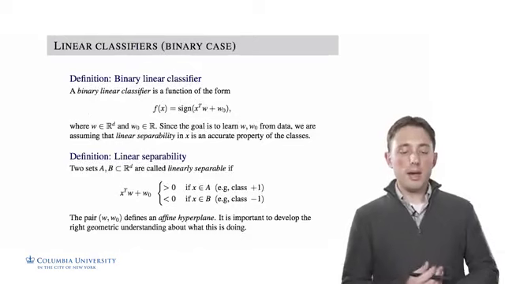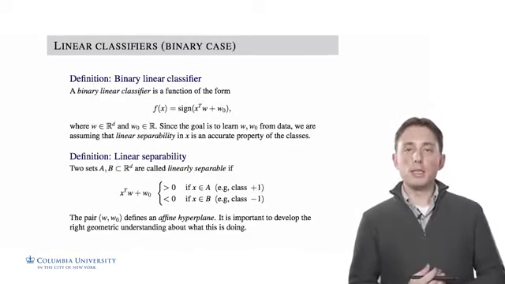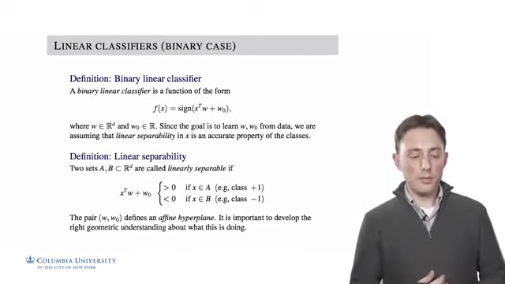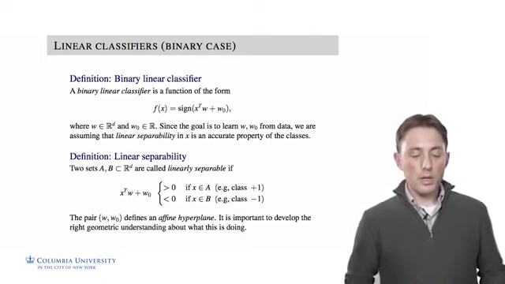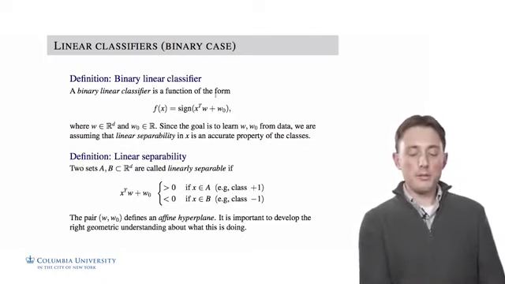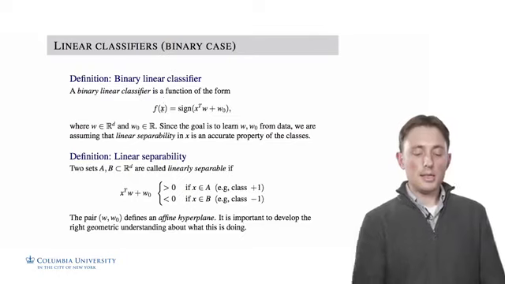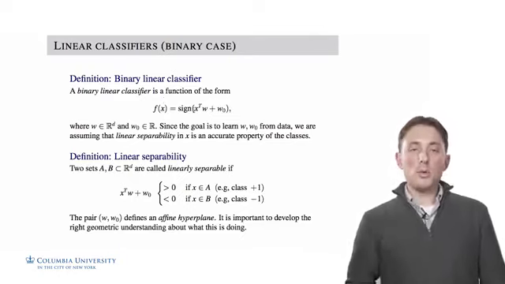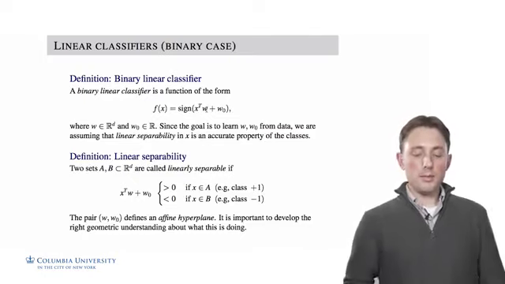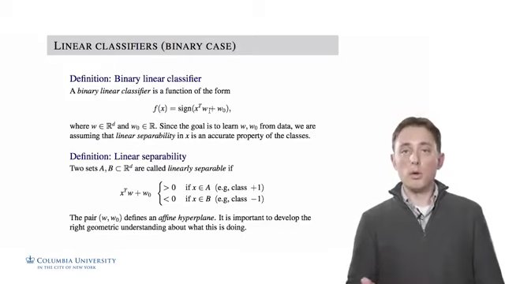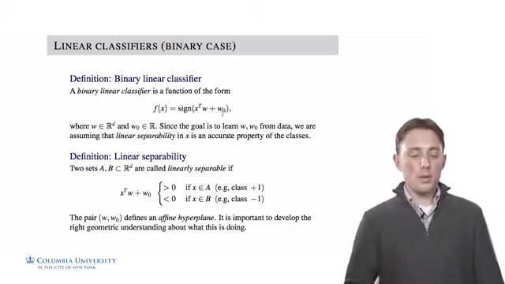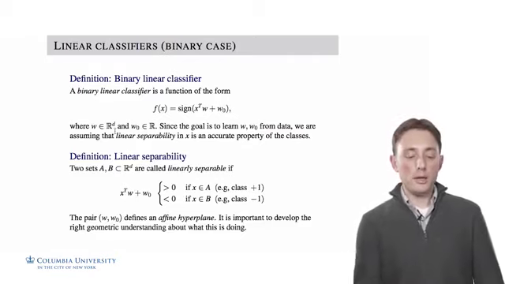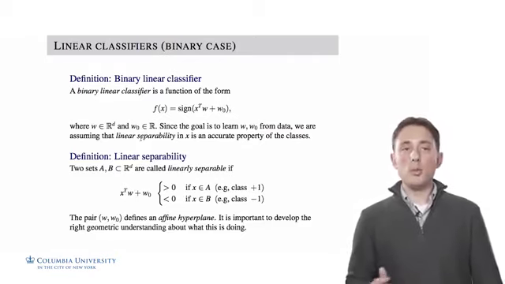So let's now define a binary linear classifier in this more general framework. A binary linear classifier is a function of this form. It takes in x, and it predicts the label to be the sign of the dot product between x and some regression coefficients w plus some constant w naught, where w is any vector in Rd and w naught is any point in R.